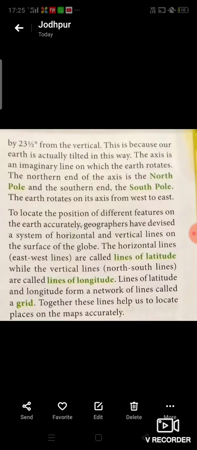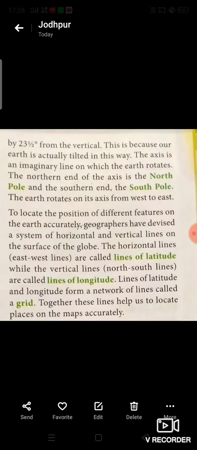We have already seen in a picture that the pole on the upper side is called the North Pole and the pole on the lower side is called the South Pole. The earth rotates on its axis from west to east. Now we will see the direction of the earth, it rotates from west to east.